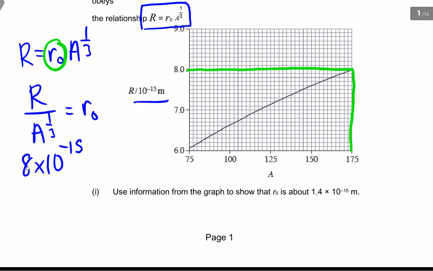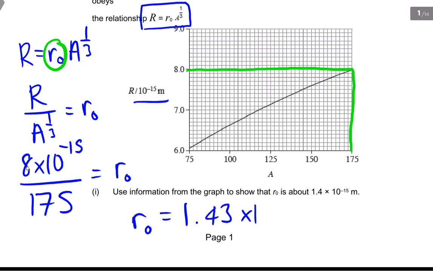Make sure we're using the scale on the axes. Divided by 175 equals R naught. If we type that into our calculator, we get a result coming out as 1.43 times 10 to the minus 15 meters.